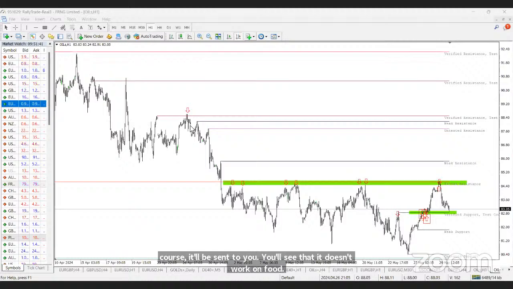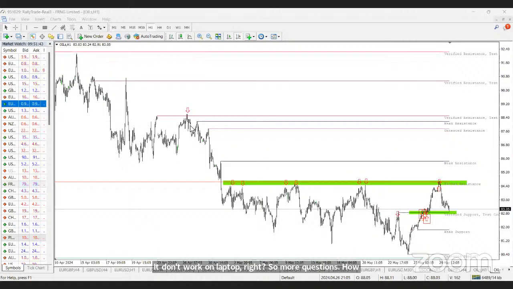So, more questions. How can phone users draw lines and the indicator? Well, it's very simple. Tap once on your screen if you are using a phone. Look at your phone screen right now. Tap once on it. You see a blue circle, right? That's if you're on MT4 or MT5.